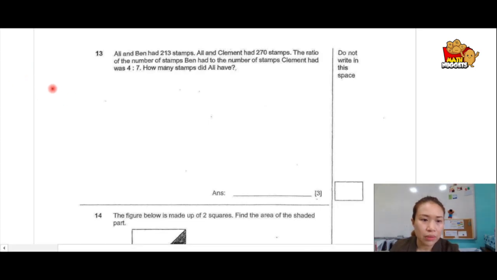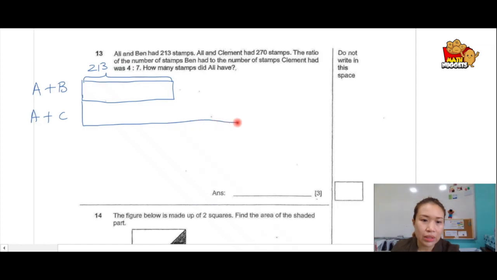Question 13, I'm gonna draw the repeated identity model to illustrate Ali and Ben. 213 stems. Ali and Clement, 270 stems. Who is repeated here? Ali is repeated, right?